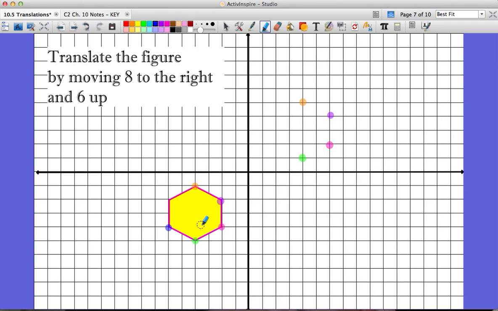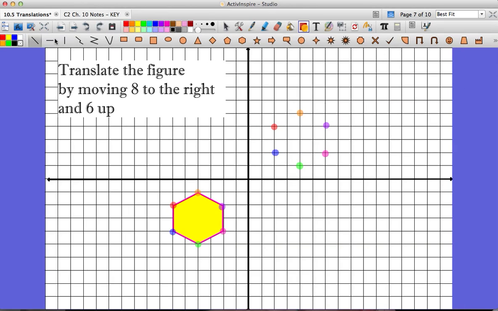Right 8, up 6. And the last one. Right 8, up 6.